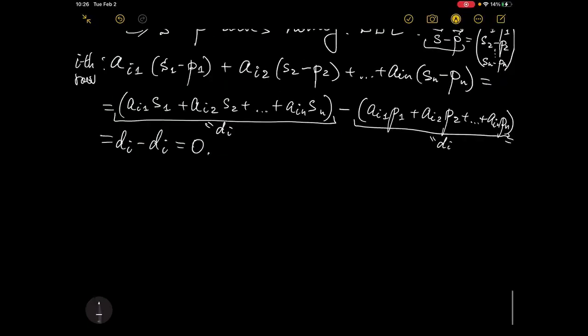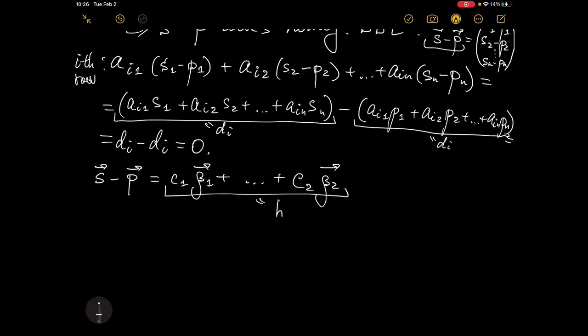Okay, so, according to the previous lemma, I can express it as C1 beta 1 plus C2 beta 2, which is nothing else but the solution set of the homogeneous system of linear equations. It means that my solution can be expressed as this. Clear?